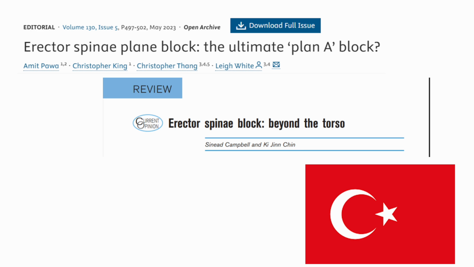The erector spinae plane block, due to its versatile nature and its applicability in regions beyond the thorax, has often been described as the ultimate plan A block. Most of the evidence for its usage beyond the thorax have come from Turkey.